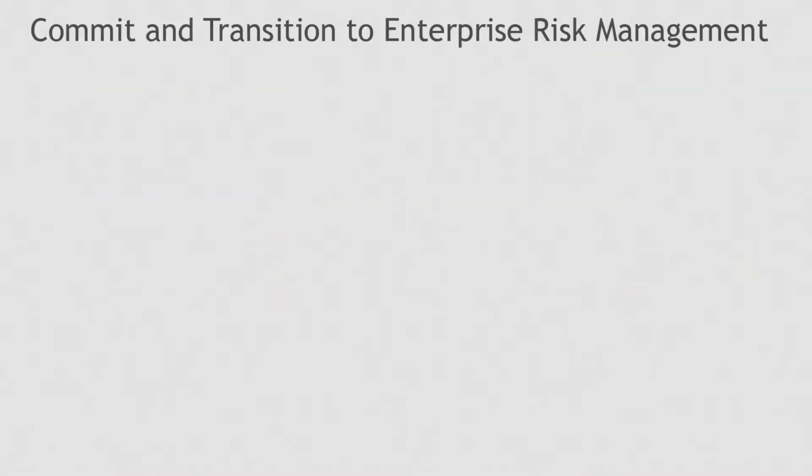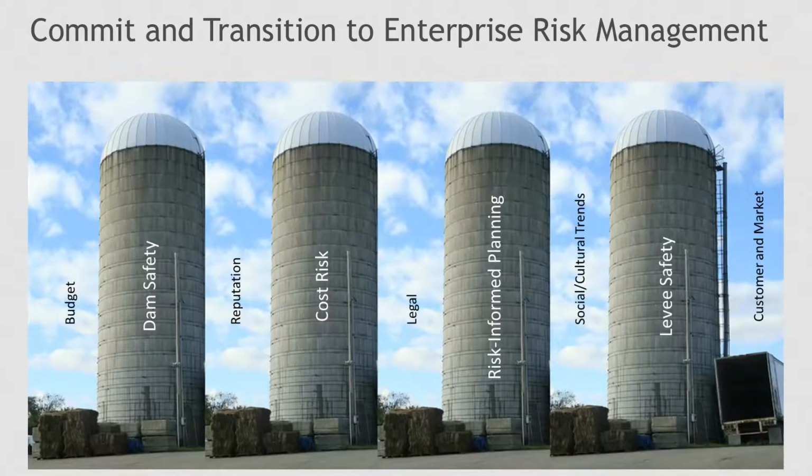The third thing you can do is commit and transition to becoming an enterprise risk management organization. The Office of Management and Budget requires you and all federal agencies to do this. But more importantly, the U.S. Army Corps of Engineers manages risk in silos.